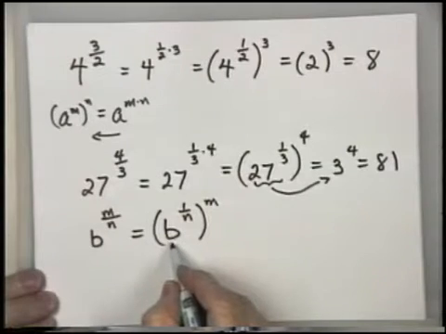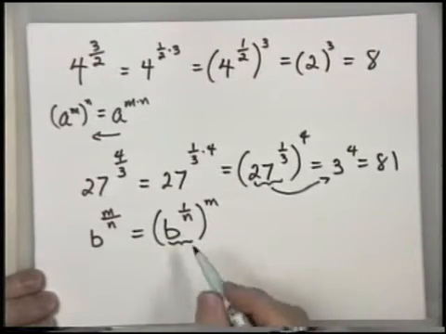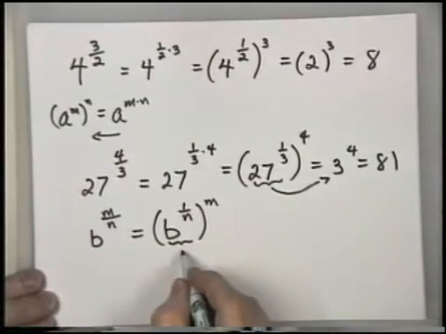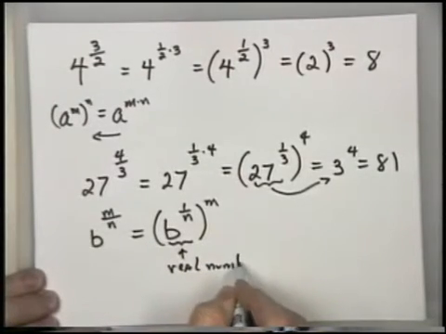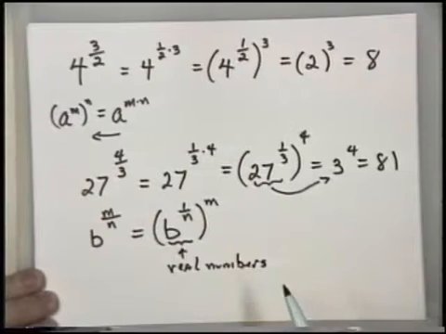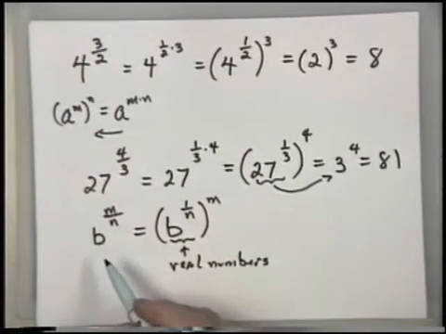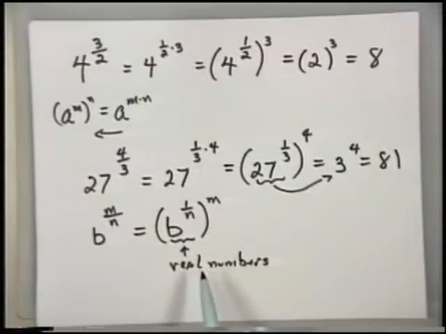And if this is defined, if this thing right here, this base sitting in here, is a real number by the restrictions that we have discussed, then this will be a real number, b to the m over n.